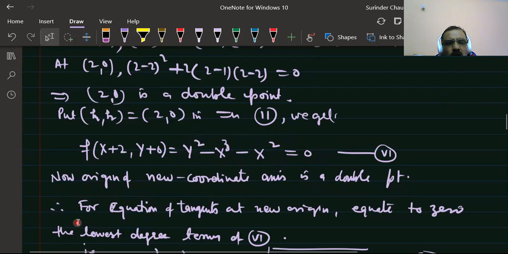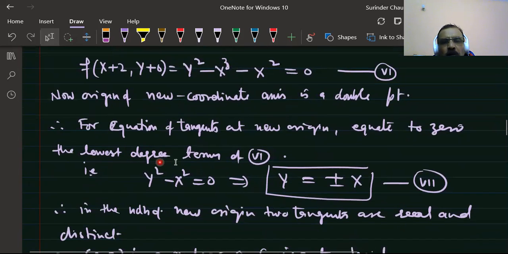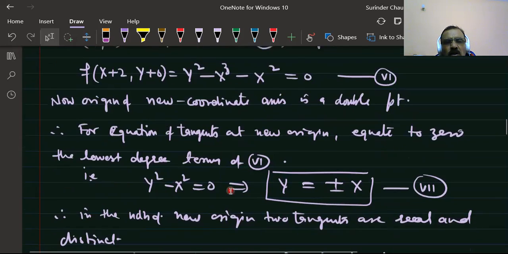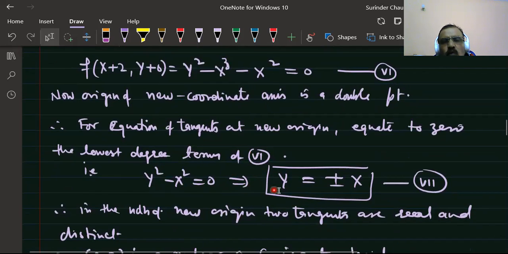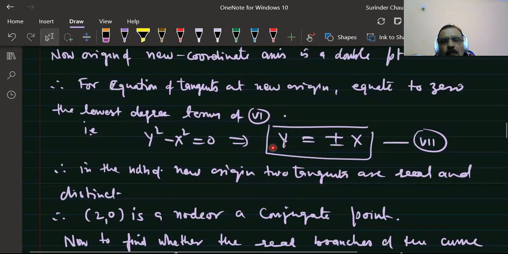Therefore, for the equation of tangents at the double point, equate to 0 the lowest degree terms in the equation. So the lowest degree terms are y² − x² = 0. From this equation we get y = ±x. So now we have the equations of the tangents.